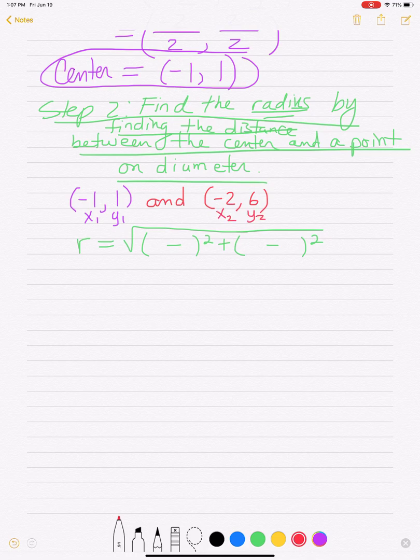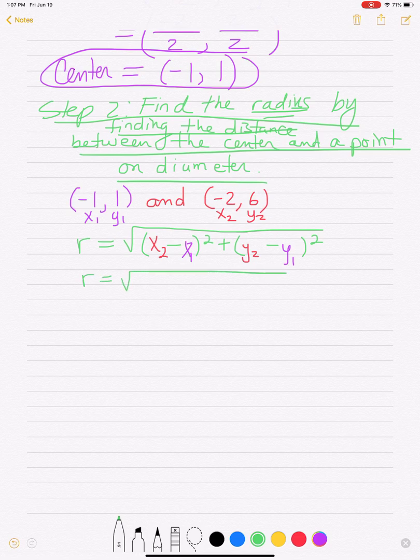So we're going to have x2 minus x1 squared plus y2 minus y1 squared.